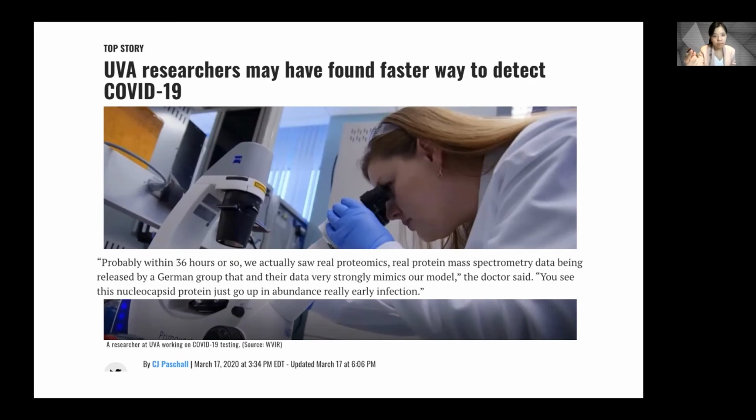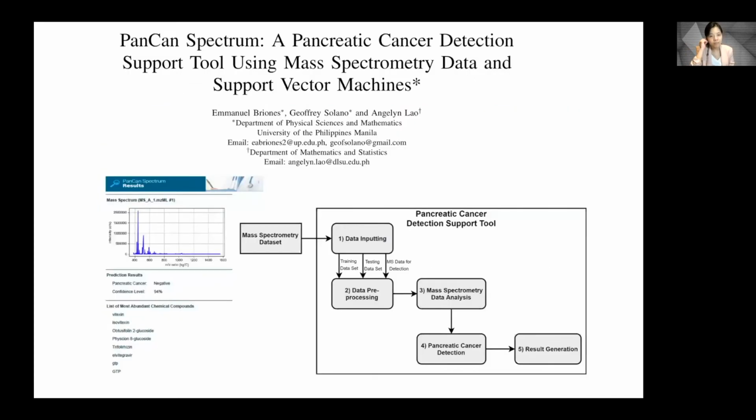Back then, it was very difficult to analyze samples to tell whether you are COVID positive or negative. And the highlight there is not the COVID, but the mass spectrometry.